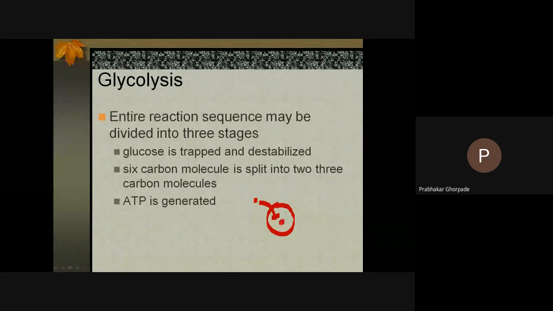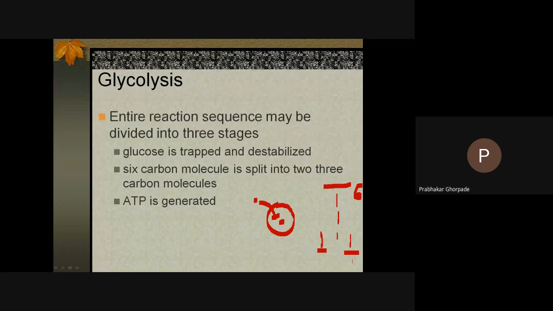Next, this is a 6-carbon glucose molecule. It will undergo a series of reactions, and finally we get these 2 molecules: this is the first pyruvate and this is the second pyruvate. The 6-carbon glucose molecule gets split into 3-carbon molecules.